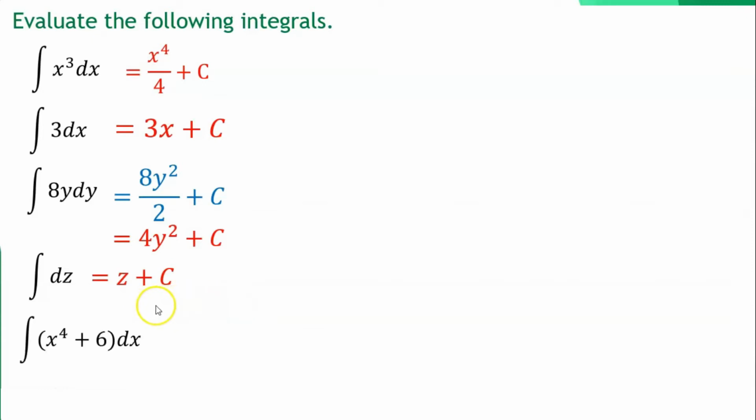Another example, find the antiderivative of x to the power of 4 plus 6 dx. Take note, x to the power of 4, plus 1, so x to the 5 over 5. Given here 6, that would be 6x, then plus c. Okay, another. If we're given 4x to the power of negative 3 dx, take note our exponent here is negative 3.